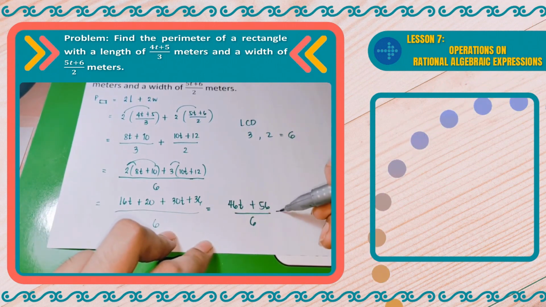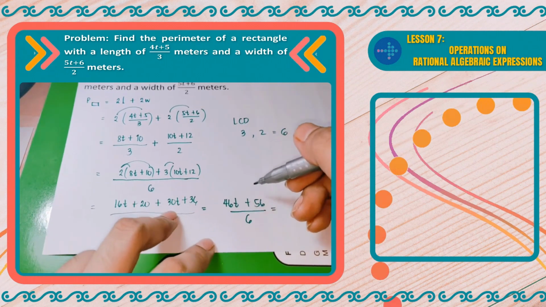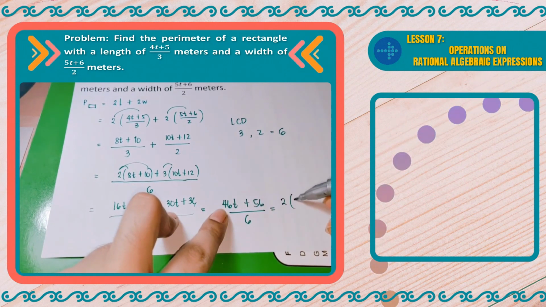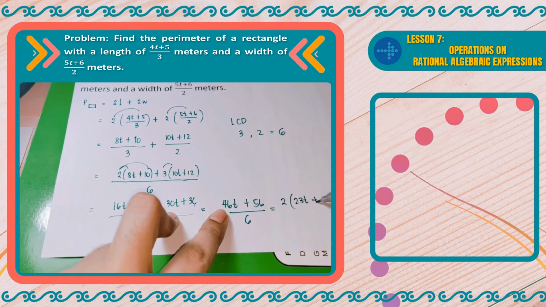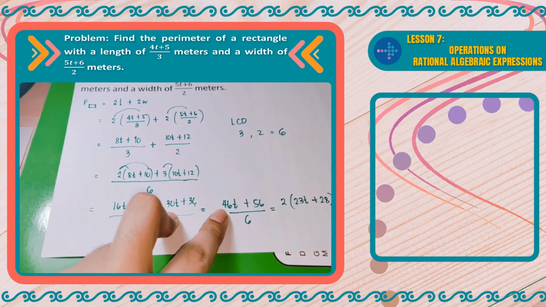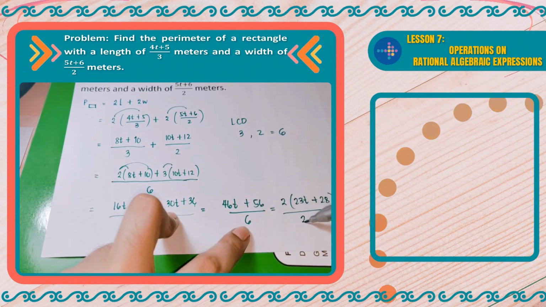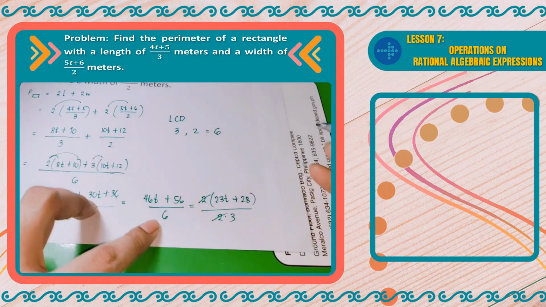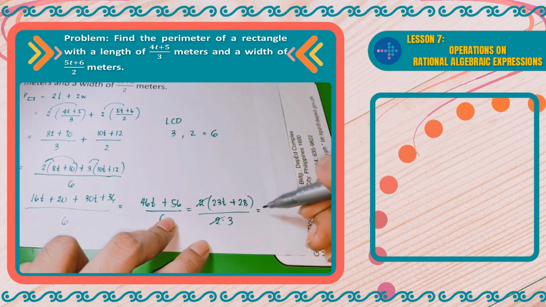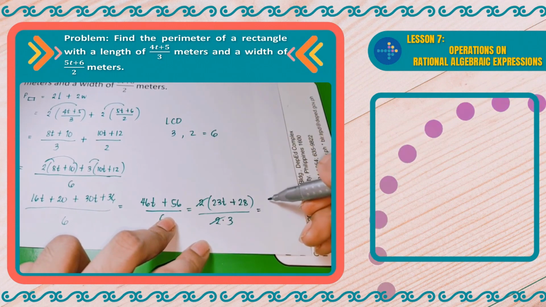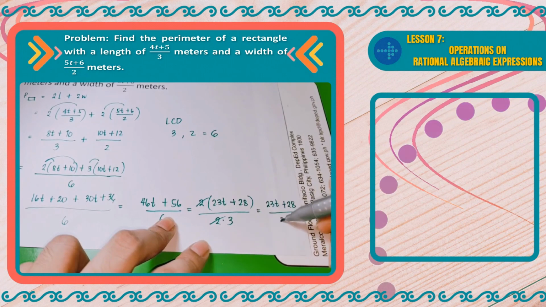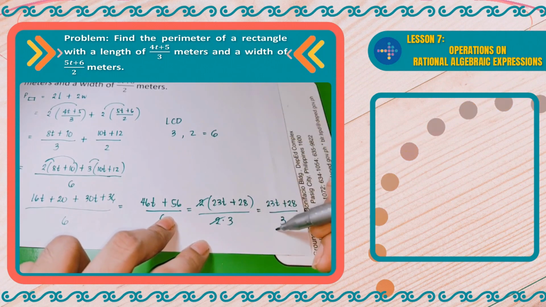Divisible sila by 2. So, common factor ng numerator is 2. So, we have 23t plus 28. In denominator, we have 2 times 3. Cancel 2. So, the final answer is 23t plus 28 over 3 meters.